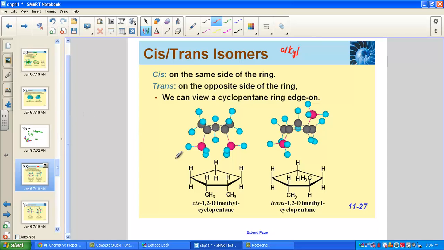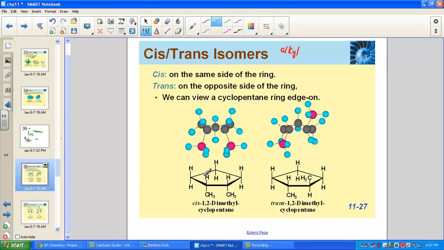When we talked about the chair conformation, that's of the ring itself. Cis and trans are telling me what type of groups are coming off of the chain and how they are arranging themselves in three-dimensional space.